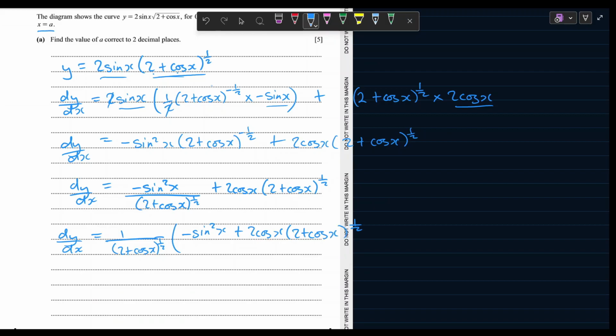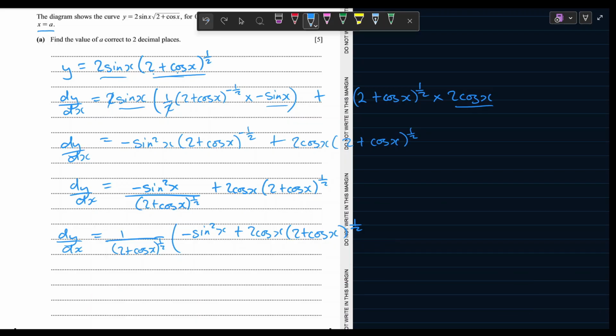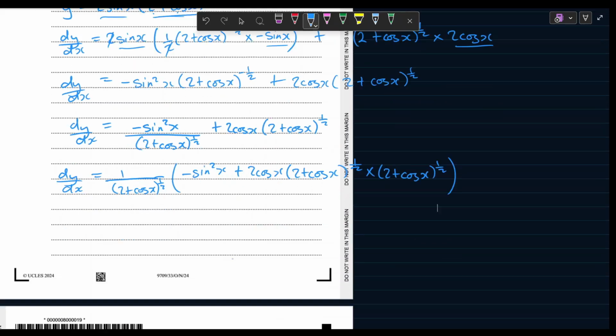Because we're factoring out 1 over (2 plus cos x) to the half, this would be the same as dividing by 1 over (2 plus cos x) to the half, and that's just the same as multiplying by (2 plus cos x) to the half. So I'll bring it to the numerator, and we're multiplying by (2 plus cos x) to the half. And we can close our big bracket.